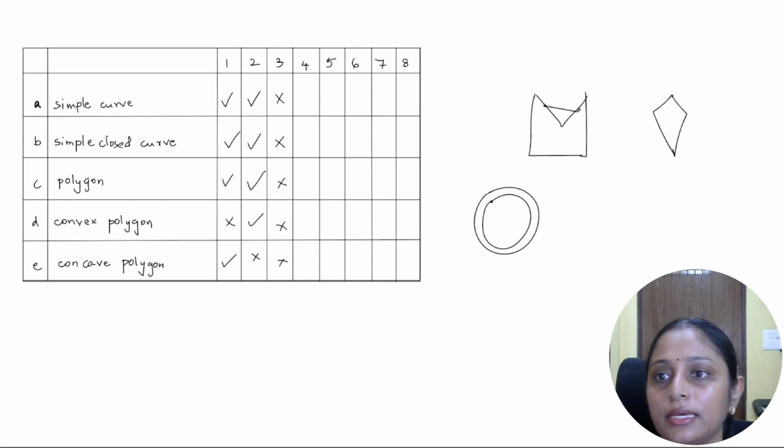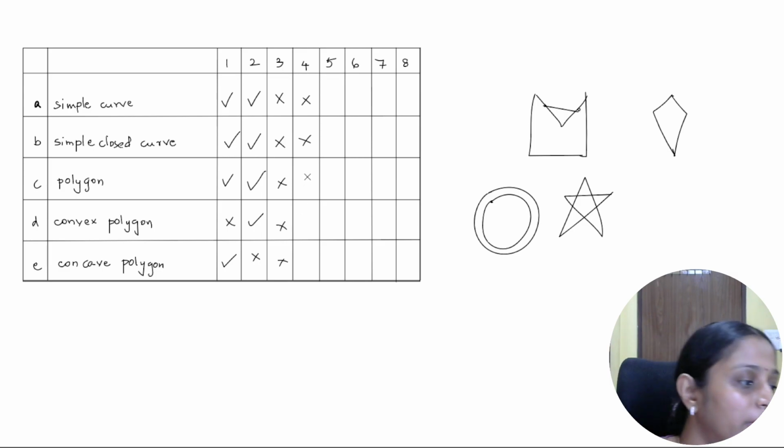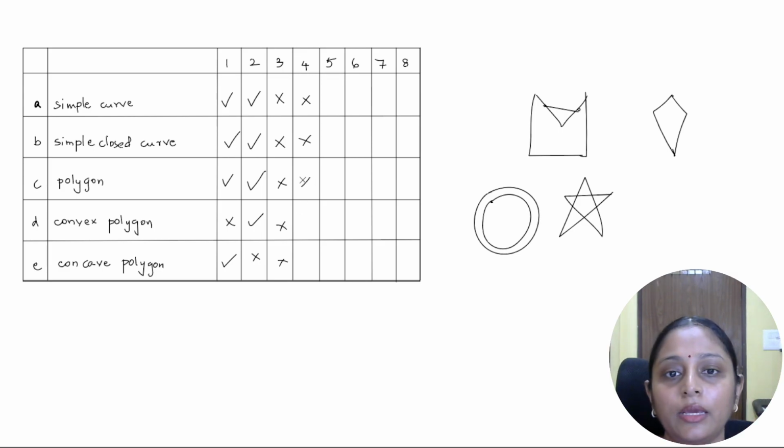So next, they have given a star, right? Now here, is this a simple curve? Simple means it does not cross itself. Here clearly it is crossing itself a number of times, so it is not simple. If it is not simple, we cannot talk about it being a polygon in the first place. So it does not fit the description of simple or a polygon or convex or concave.